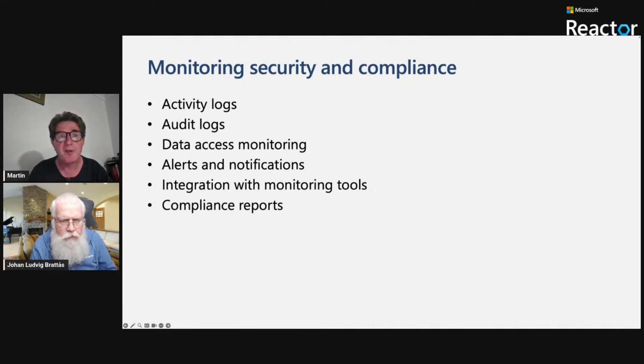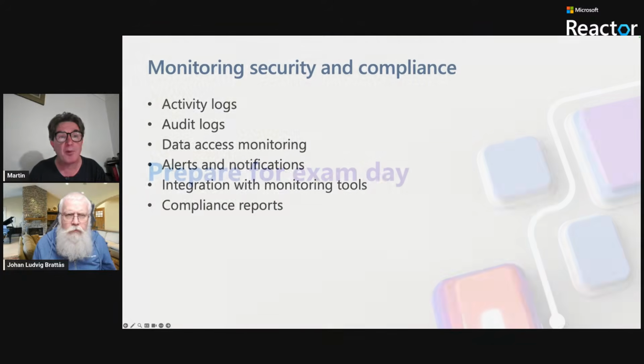The integration with Fabric and the monitoring tools available, such as the monitoring hub that Johan showed earlier, is a really good thing to get to know. And we've got other tools that can give compliance reports within the Fabric ecosystem and the Azure system as a whole. So that's a quick recap.